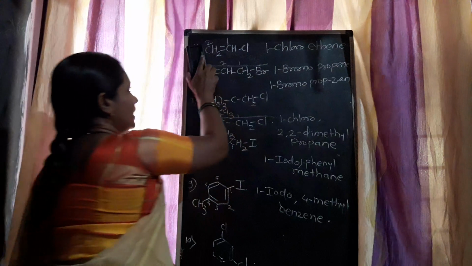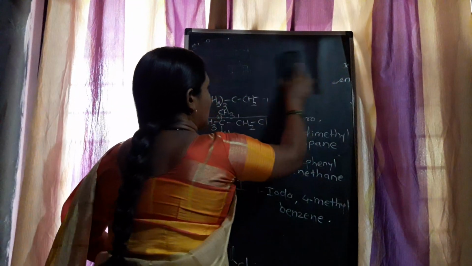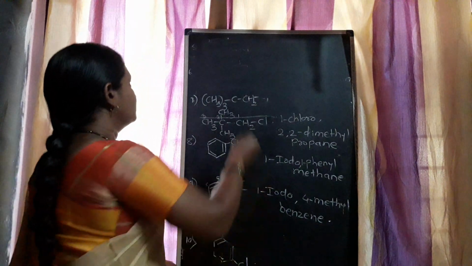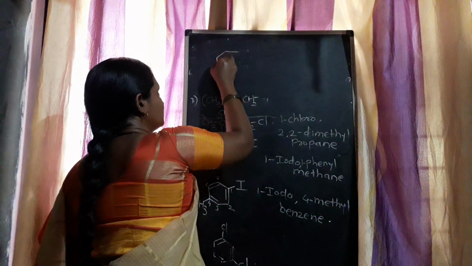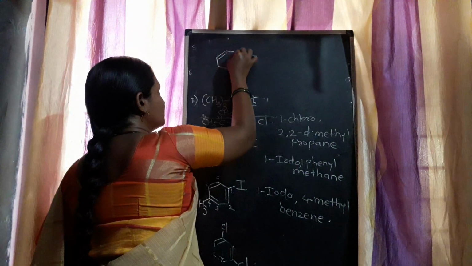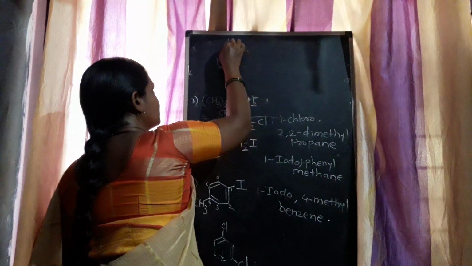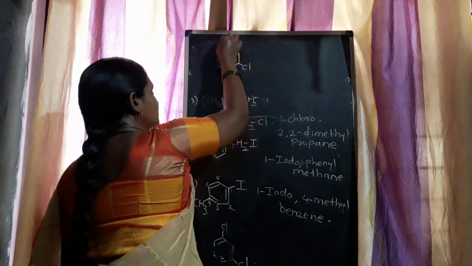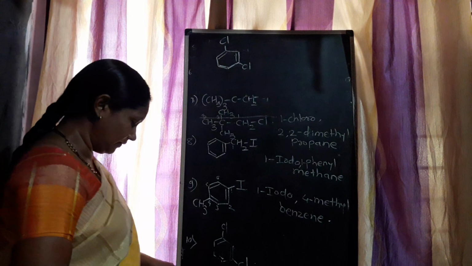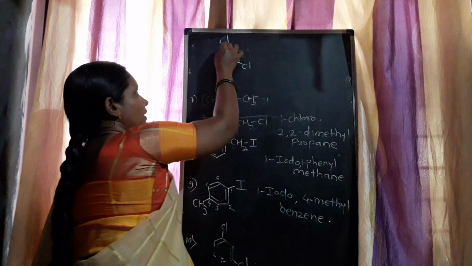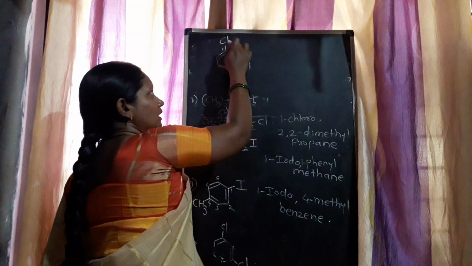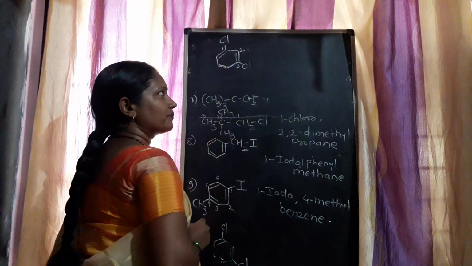Now the last one I can write at the upper side. This is the last example, Cl and Cl. Now here numbering the carbon atoms 1, 2, 3, 4, 5, 6.